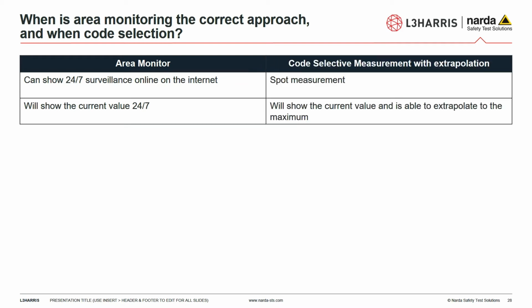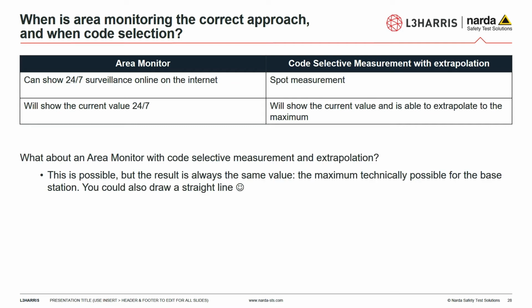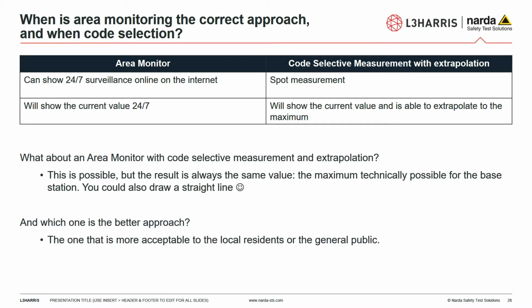A code selective measurement with extrapolation is made at only one particular time, but can compute the maximum possible value. Of course, the result can also be published on the internet, but a graph versus time is hardly useful, as the measured value will just be a straight line. The only question is which approach is the best. Well, that's the one that is mostly acceptable for the general public or for the local residents.